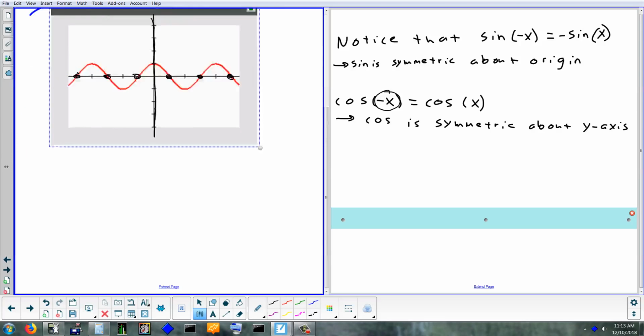Now we just said tangent is sine divided by cosine. What number are you never allowed to divide by? 0. You're never allowed to divide by 0. But the cosine function is 0 at some points. Right? It's 0 at infinitely many points at regular intervals.